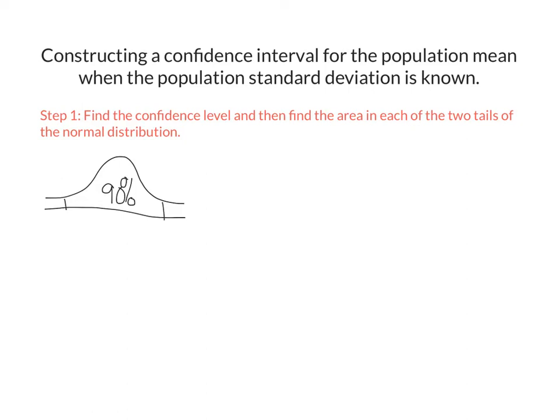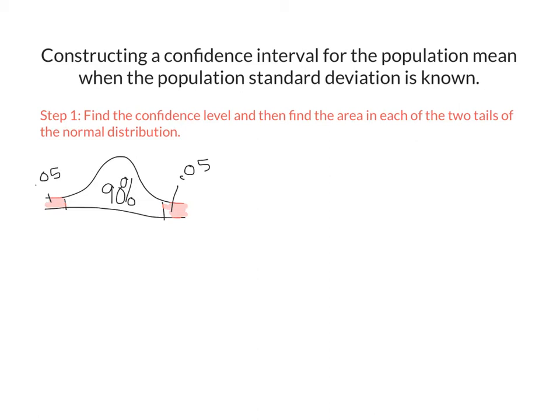Then that means the area for each of the 2 tails, so this area and this area right here, need to be 0.1 together, which would be 0.1 divided by 2, which would be 0.05 in this tail, and 0.05 in this tail.